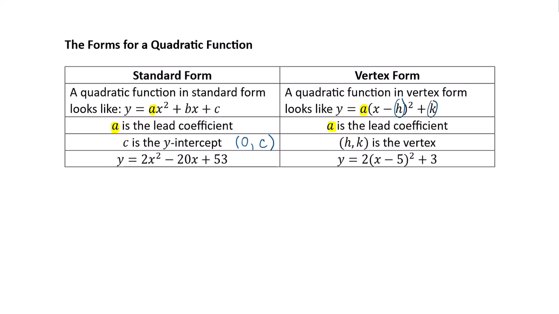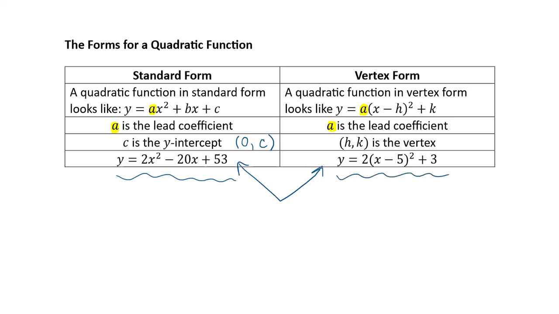Whatever number is there is the y part of that vertex. Here's an example of a parabola that is in vertex form. In fact, these will be the same parabola. It's just that this one is in standard form and this one is in vertex form.